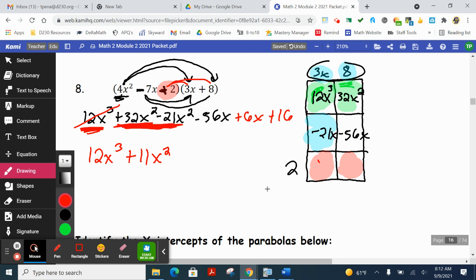Then our x's, we have a negative 56x and a positive 6x. We combine those to be a negative 50x. And then our constant is all by himself. He has no like term that he can be combined to, and that would be our final answer. Okay.